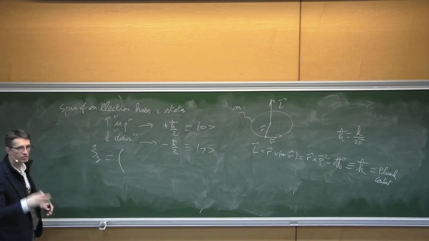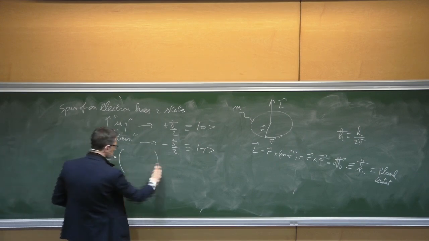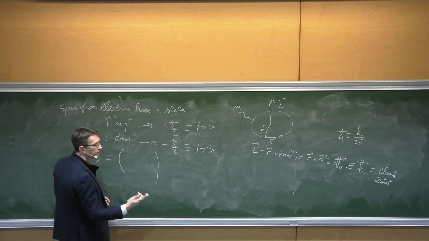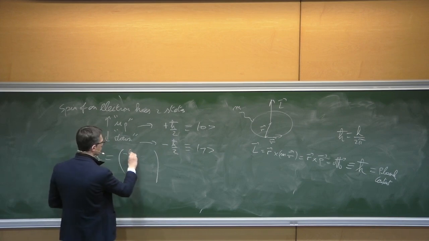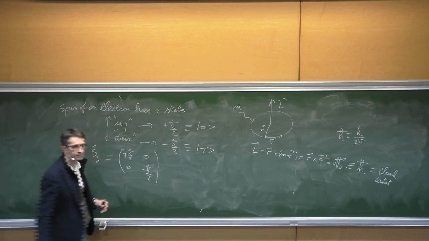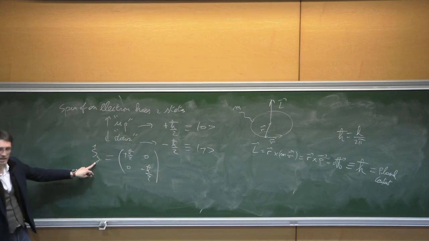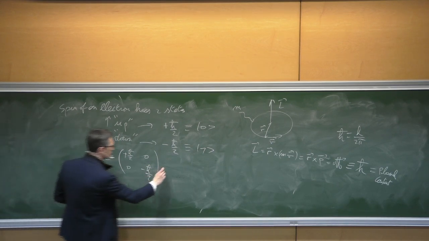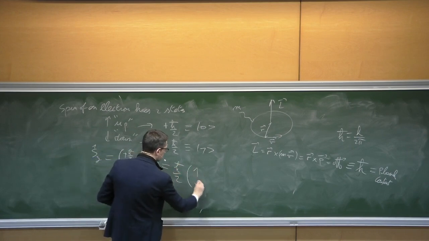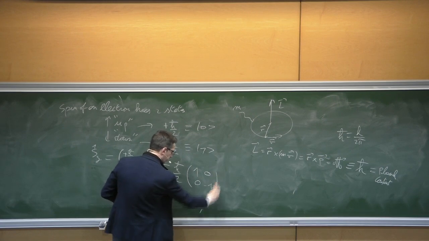The 2 by 2 matrix, well, the eigenvalues matrix will simply be plus h bar over 2, 0, 0, and minus h bar over 2. So why z? Well, because if I factorize it, then what I have is something like this.